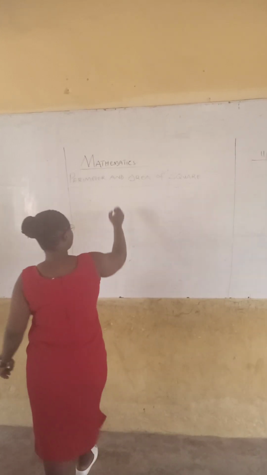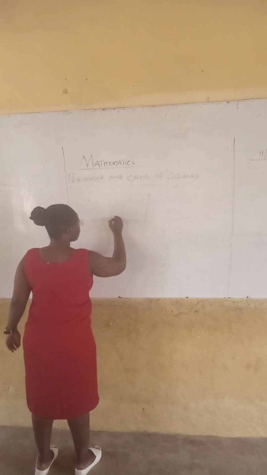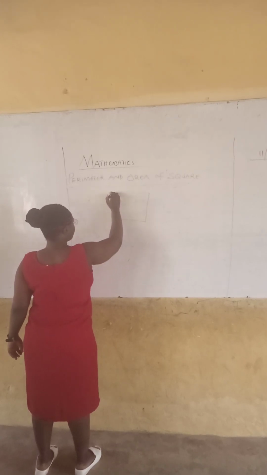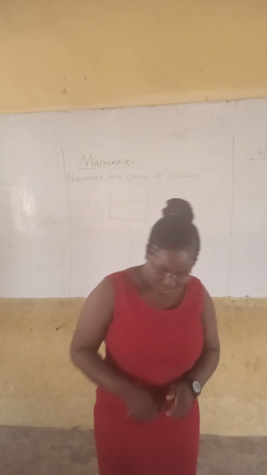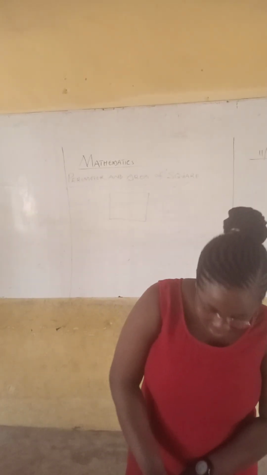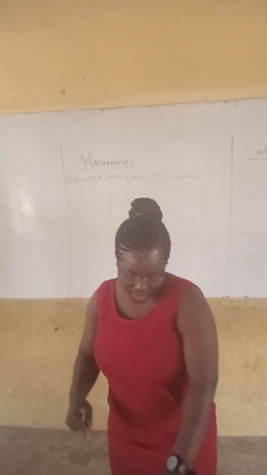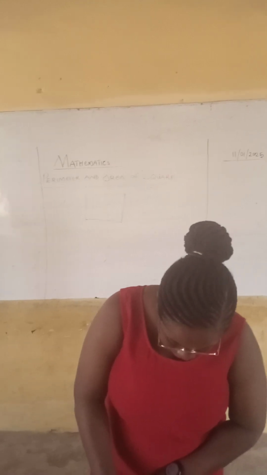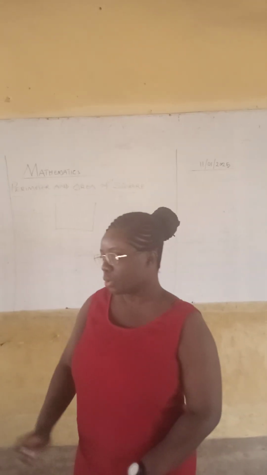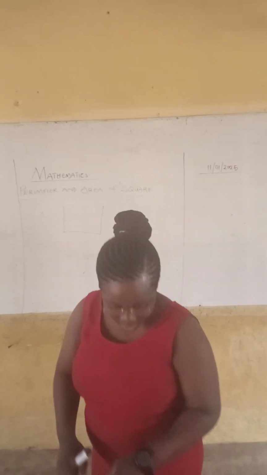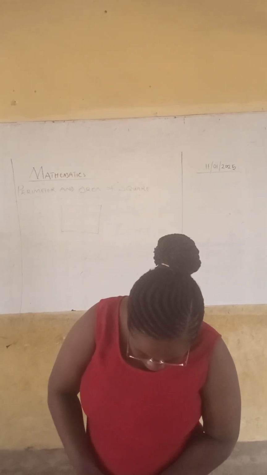So this is our square shape. And we all know a square is a special rectangle with all its sides being equal.